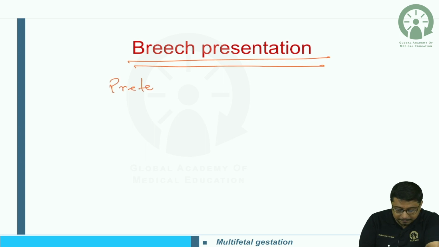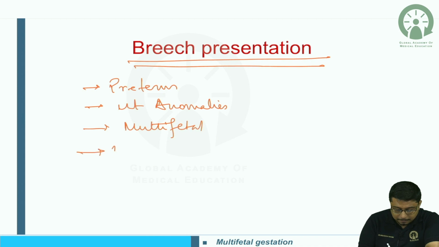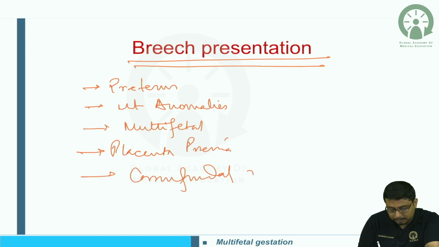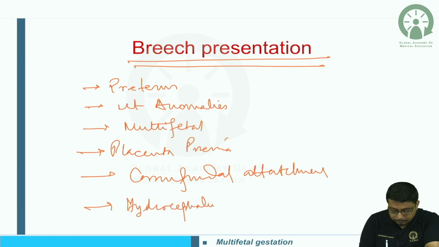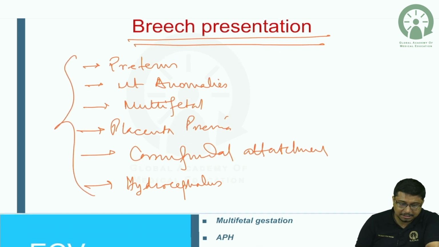Most common cause is preterm, then uterine anomalies, multifetal gestation, placenta previa, cornufundal attachments, hydrocephalus. All these are common causes of breech presentation, right?